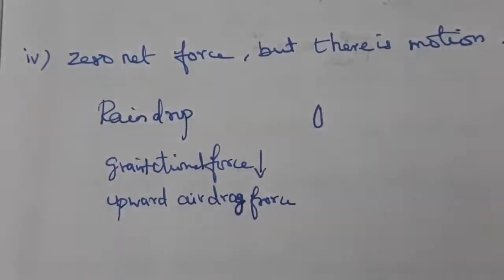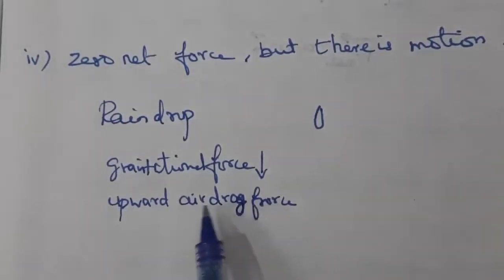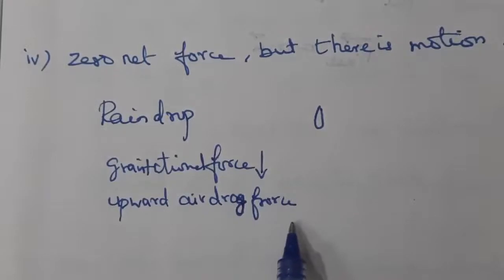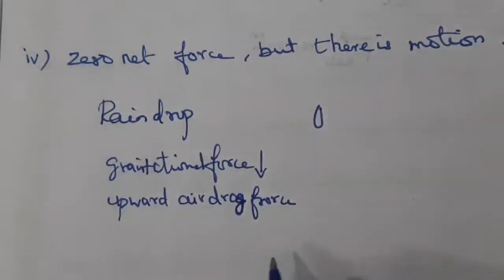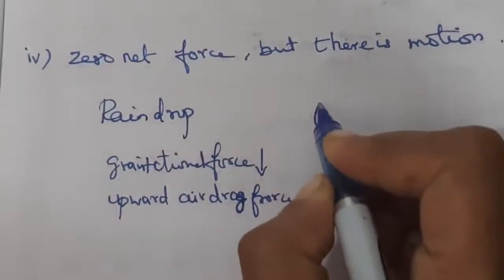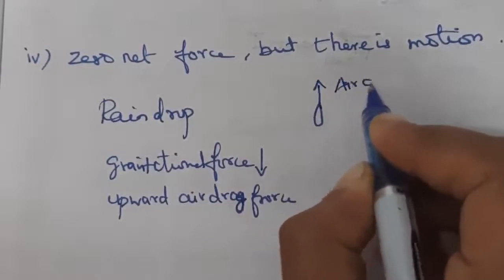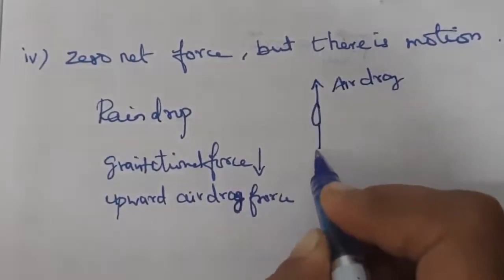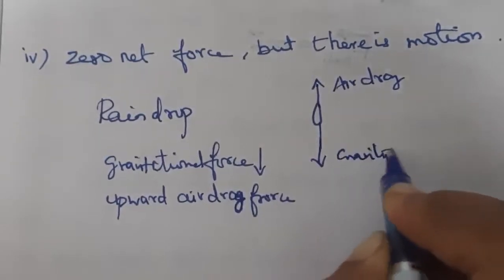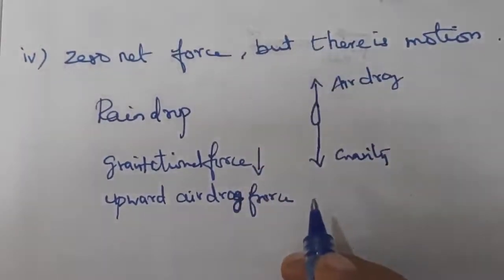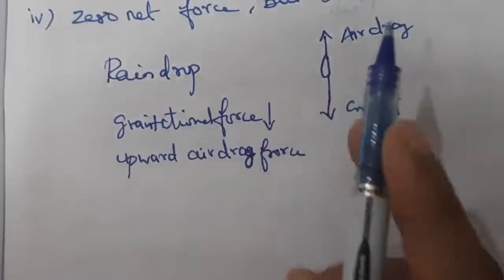That is gravitational force and air drag force. The gravitational force is acting downward and the air drag force is acting upward. First, this is the upward force, that is air drag force, and this is the gravitational force, gravity. When it descends slowly, the upward air drag force increases.